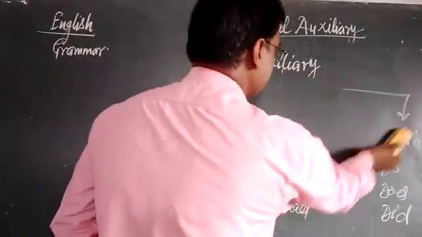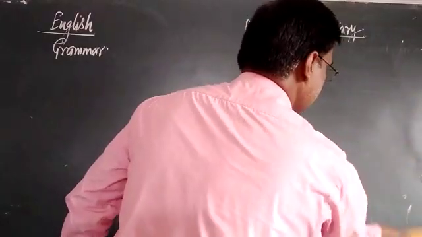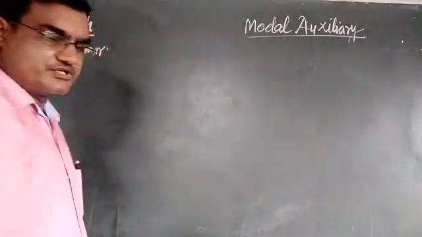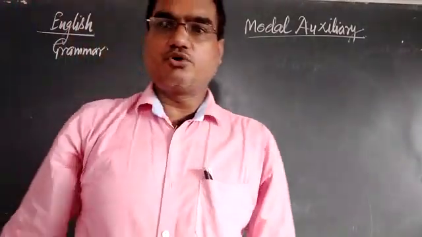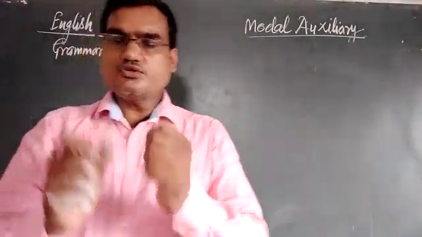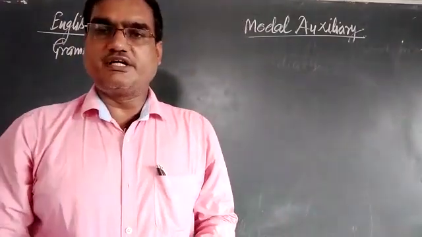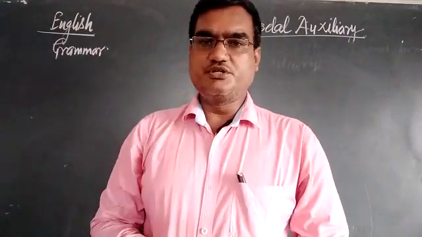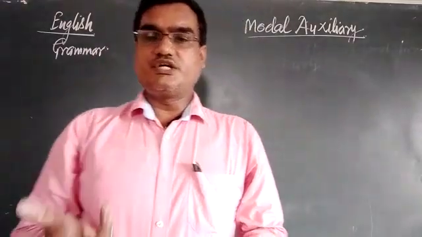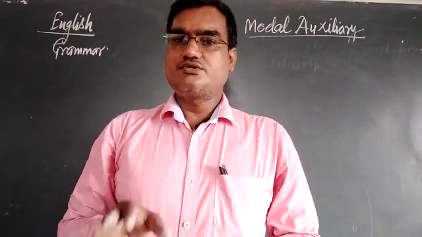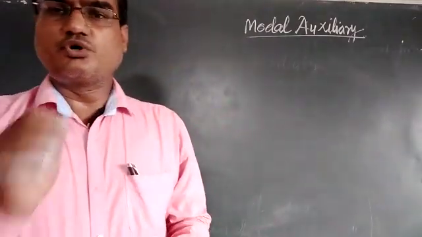Auxiliary is always used in tenses according to number, person, and verb form. But modal auxiliary is used on condition, just like conditions of possibility, seeking permission, wishing, advice, request. So these are the conditions of modal auxiliary.